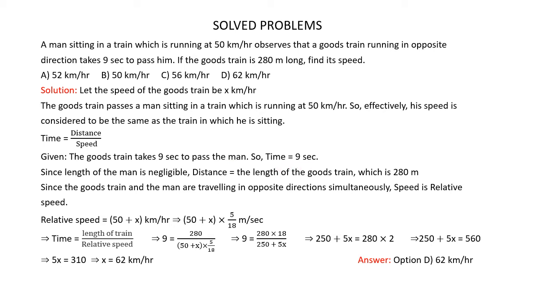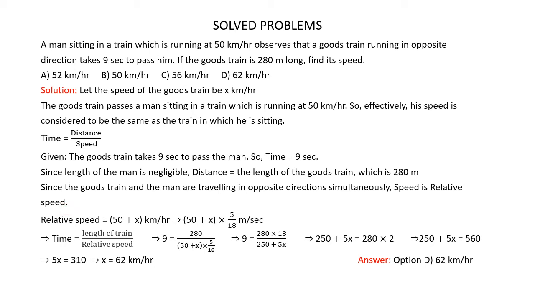Now since the length of the man is negligible, distance is equal to the length of the goods train, which is 280 meters. Now, since the goods train and the man are traveling in opposite directions simultaneously, speed is relative speed. And since they are traveling in opposite directions, the relative speed is the sum of the speeds of the goods train and the man.